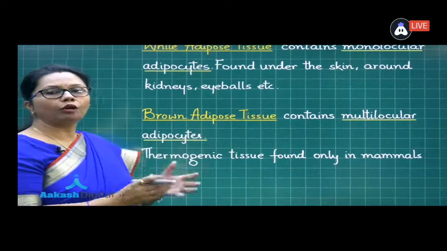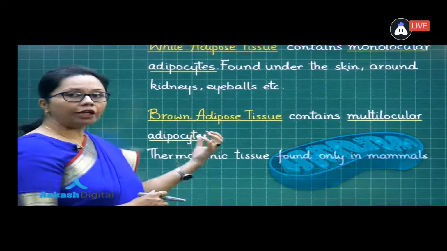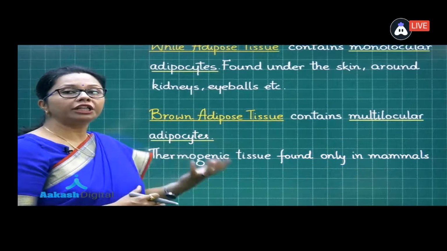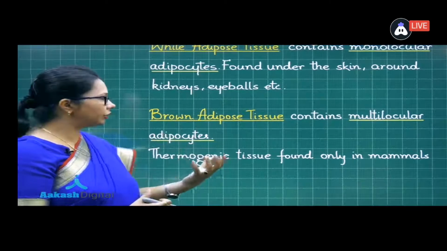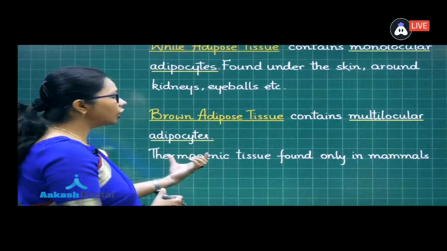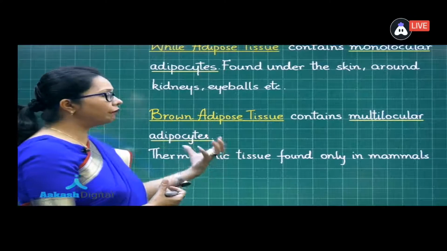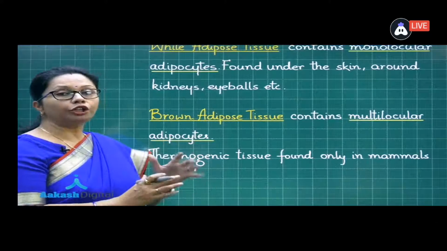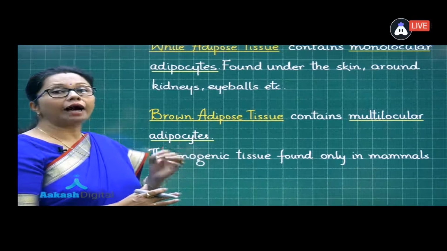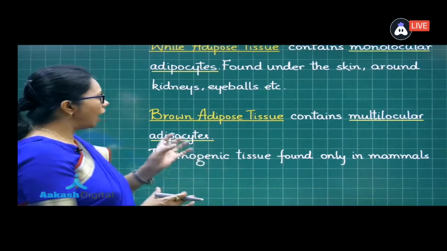Because it has more mitochondria, and here the fat is oxidized to generate heat, not ATP, not chemical energy, but heat energy. That's why we use the term thermogenic, that is heat producing. So it is a heat producing tissue found only in mammals, and maximally found in newborn babies and hibernating mammals like polar bears and polar foxes.